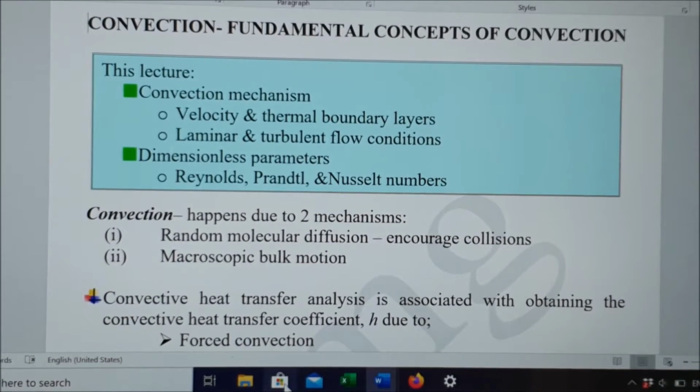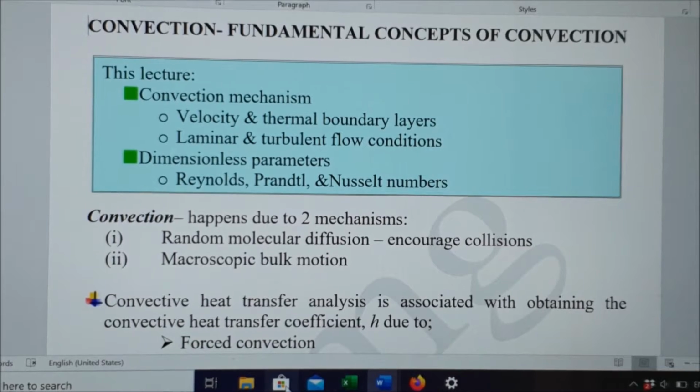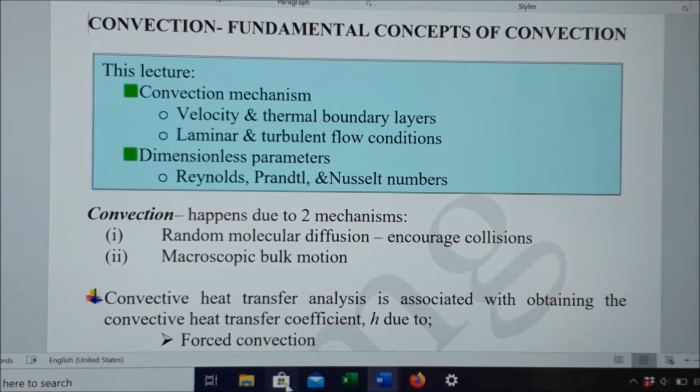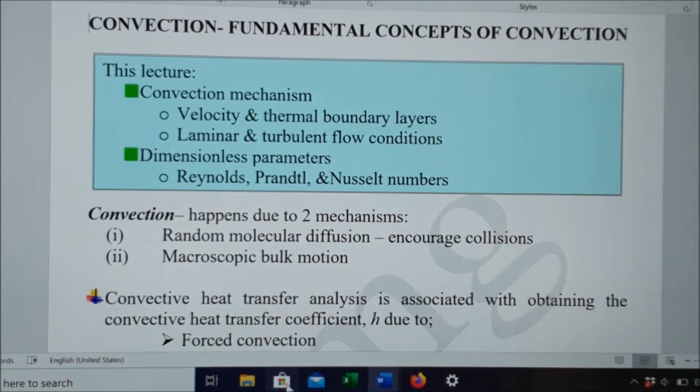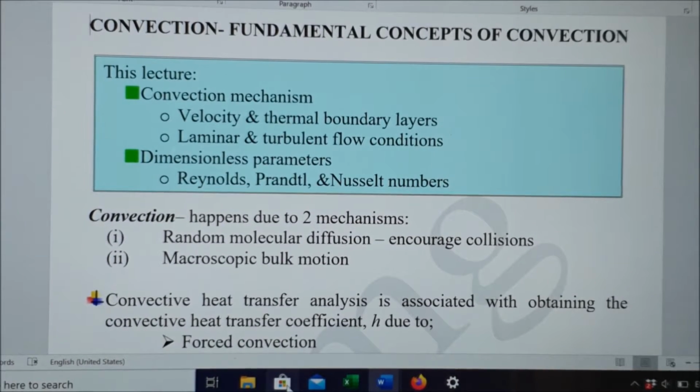Convection. So this lecture is on fundamental concepts of convection, Newton's law of cooling, which you were introduced to during the first week of the semester. This lecture will cover the convection mechanism and dimensionless parameters.